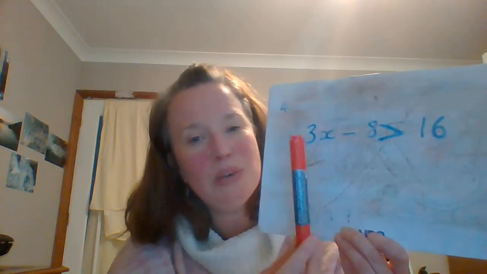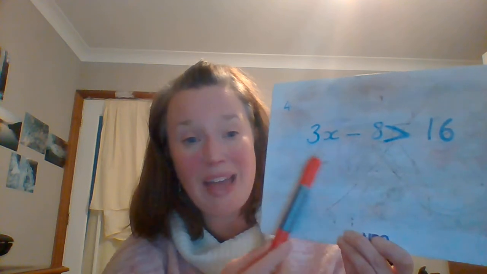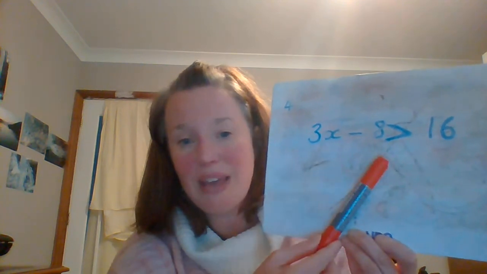So for example, in order to get what the value of x is, we're going to have to get rid of that 8, okay? So in order to do that, it's a negative 8. We're going to add 8 on, which leaves us with 3x is greater than 24. Okay, so we've added on 8 to each side.